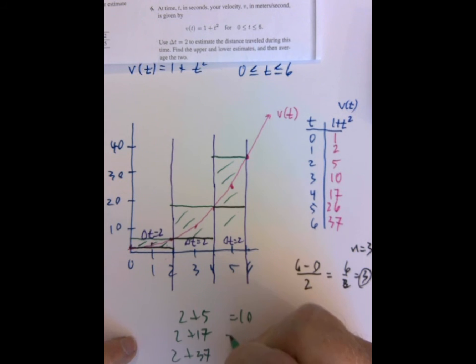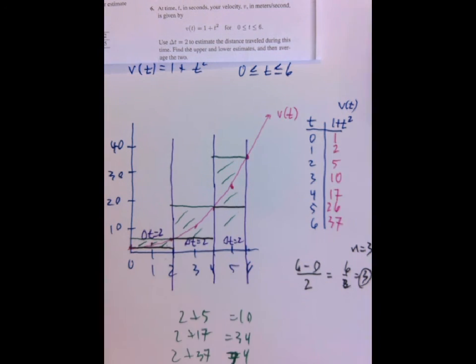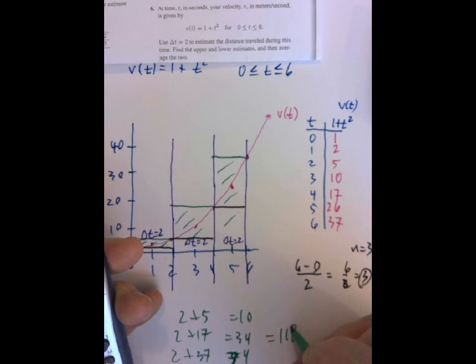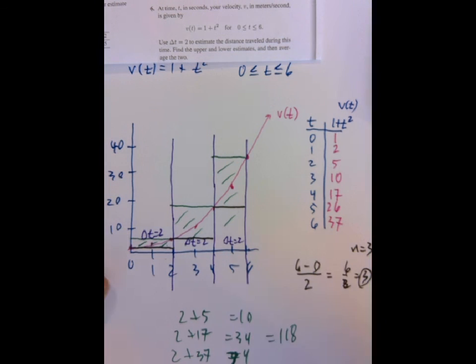So that's 10. That's 34. And then 2 times 37 is 74. 74 plus 34 plus 10 is 118. So that's the right-hand sum. That's the upper estimate or the overestimate, right?